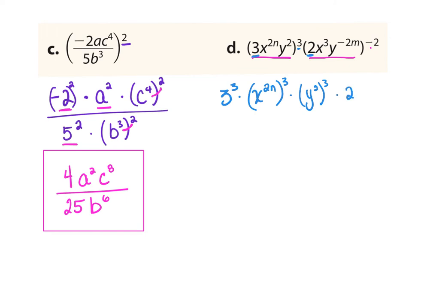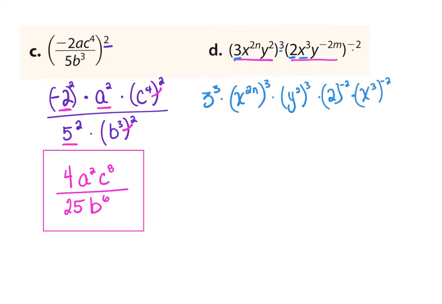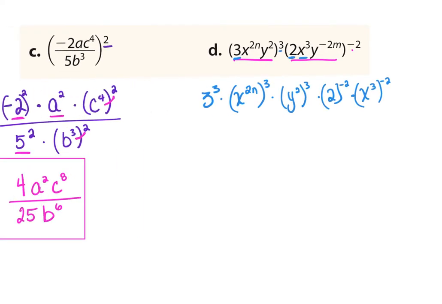The 2 is to the negative 2 power. I have x cubed. That is also to the negative 2 power. And I have y to the negative 2m, and that is to the negative 2 power. All right, so I'm going to take each one of those first.